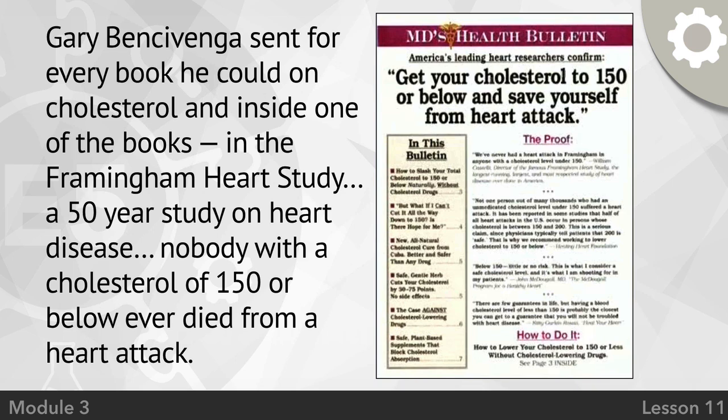When it came to this promotion, the story goes that Gary sent for every book that he could find on cholesterol. That's right, first and foremost, the level of examination and research and depth. He sent for every book that he could on cholesterol. And inside one of the books, the Framingham Heart Study, a 50-year study on heart disease, it said that nobody with a cholesterol of 150 or below ever died from a heart attack.